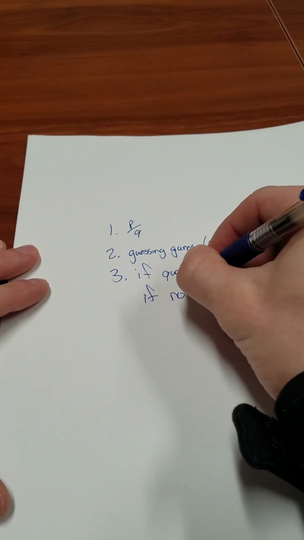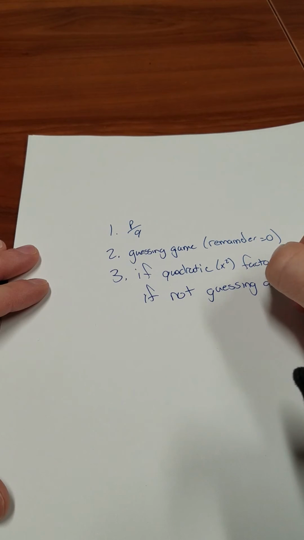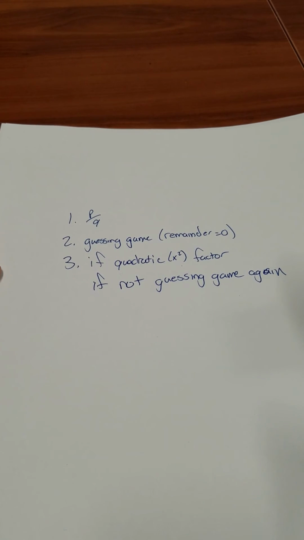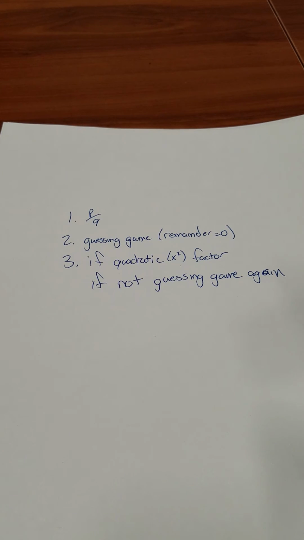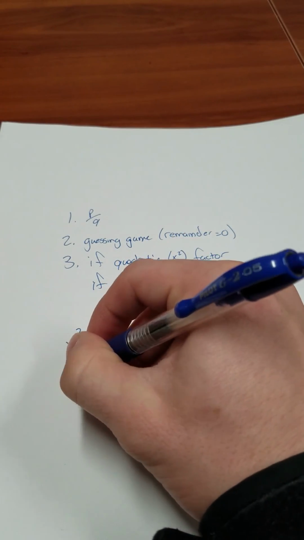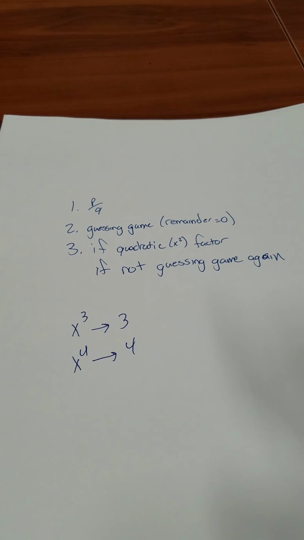If not, guessing game again. All right, and you keep doing this process until you get it to a quadratic. Once it's a quadratic, factor it, solve it. The degree tells you the number of solutions. So x cubed has 3 solutions. X to the 4th is going to have 4 solutions, so on and so forth. All right, try your practice problems. Do as many of them that it's going to take you to make sure that you understand what's going on, and let me know if you have any questions.